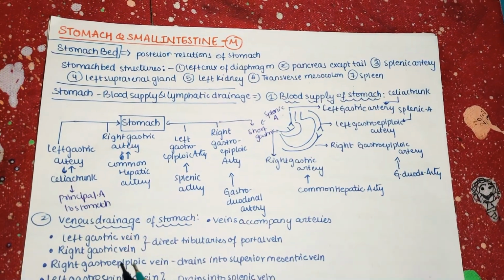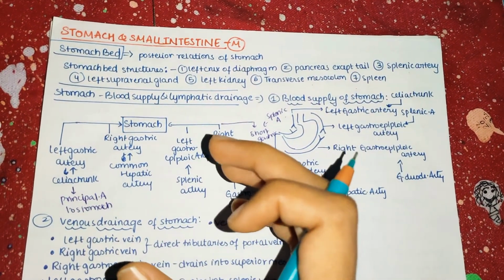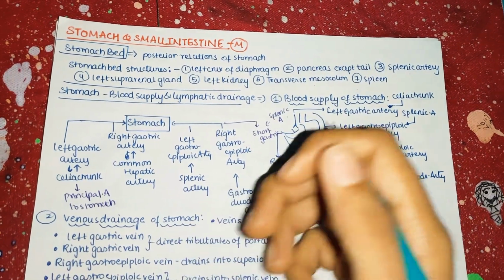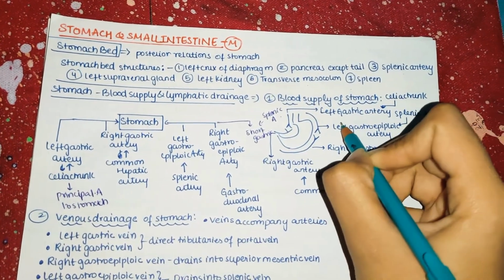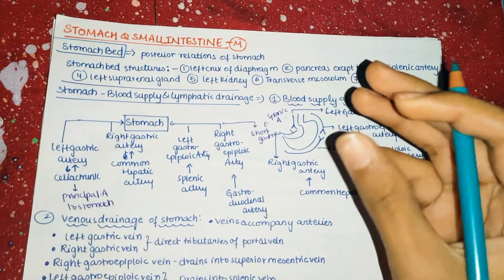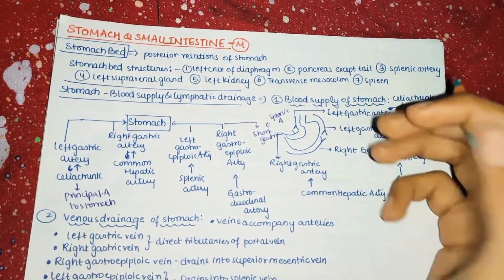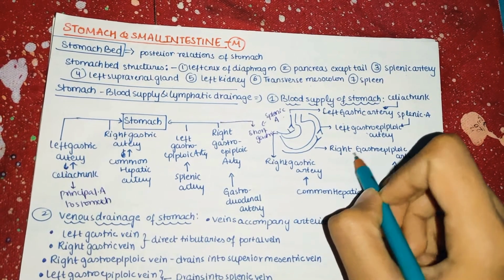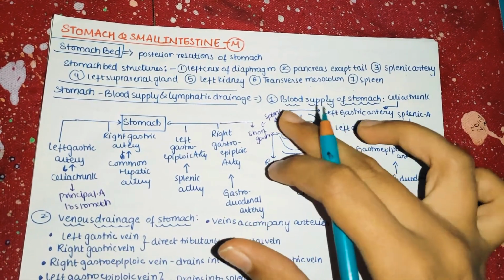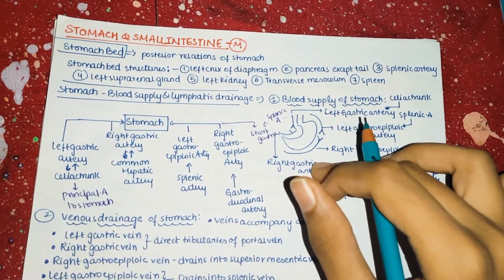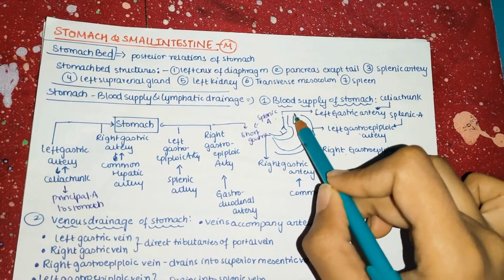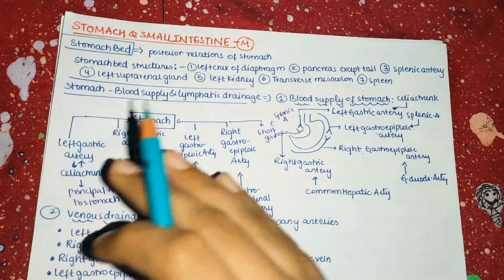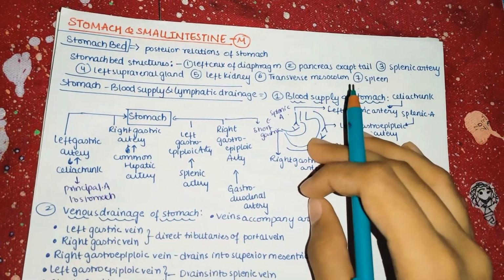So actually what I mean to say is, if you remember about the lesser omentum and greater omentum, the contents of the lesser omentum are the left gastric artery and right gastric artery, and if you remember the contents of the greater omentum, they have the left gastroepiploic artery and right gastroepiploic artery, right? So like that you can remember lesser omentum, greater omentum according to the name, and also you have the short gastric artery along with it. So now let us see the branches, like from which branch they are coming.